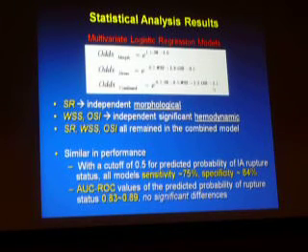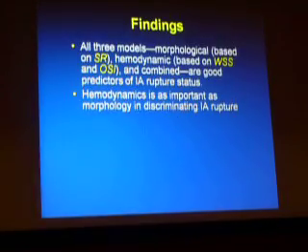For example, if you have a cutoff of 0.5 as the predicted probability of rupture status, then all these 3 models have a high sensitivity of around 75% and specificity of around 84%. And the AUC values are all very high, between 0.83 and 0.89. There's no significant difference. That means they're all good models.